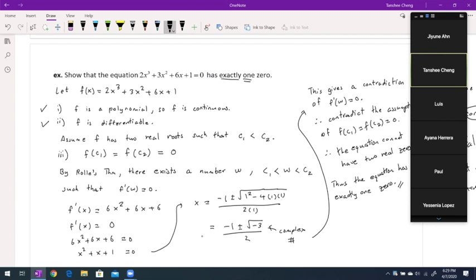You need to indicate that so it's easier to write later. This assumption helps us meet the third criterion of Rolle's theorem, which is that f of c1 must equal f of c2, because both are zeros of the function, so the function value is always equal to 0.